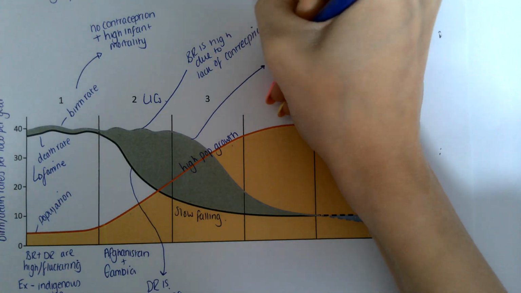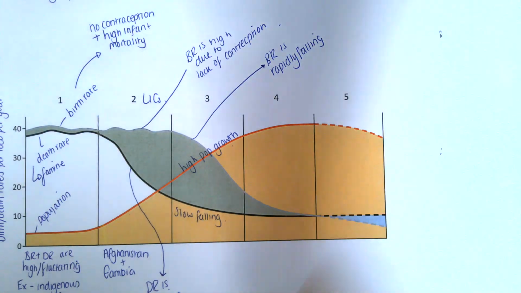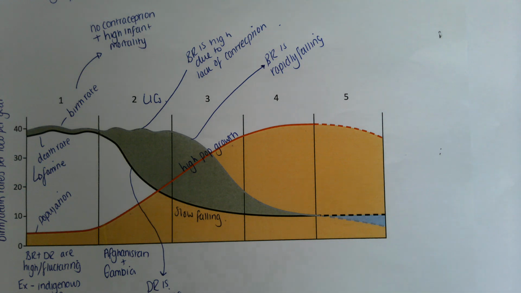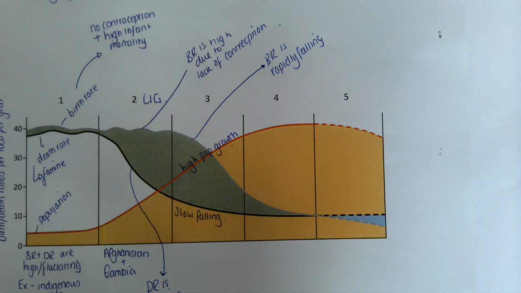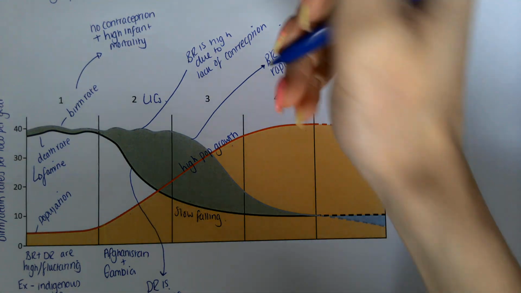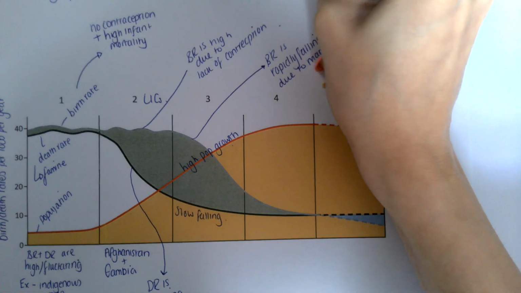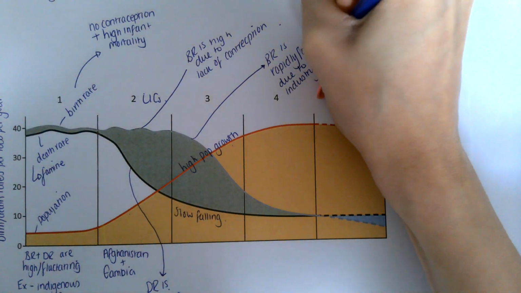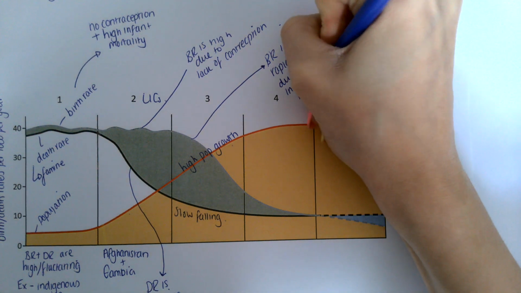Some of the reasons for that is that women are now getting access to contraception. The economy is more manufacturing, it's not farming, so we're not needing those children to work on those farms. So your birth rate is falling rapidly due to manufacturing industry and access to contraception.